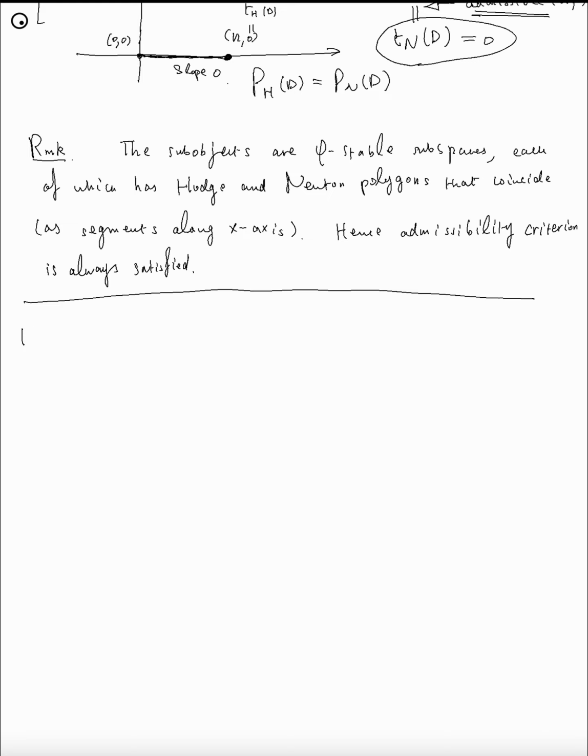Okay, so let's continue with the second part of the exercise. Let's look at the admissible filtered finite modules of dimension 1. So describe those.